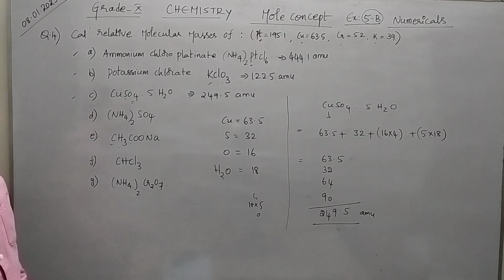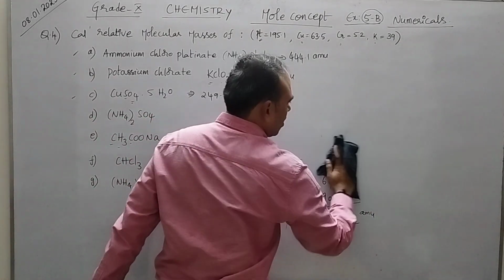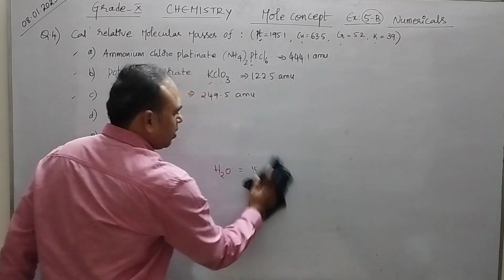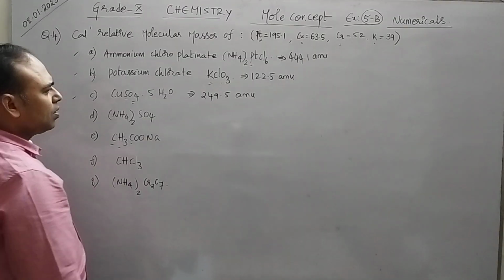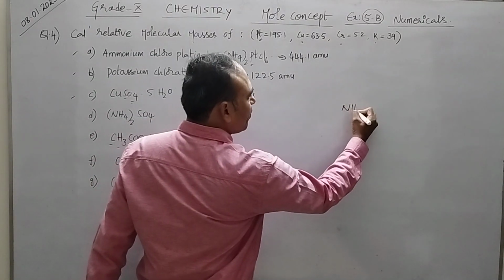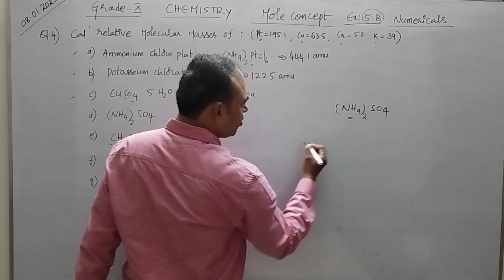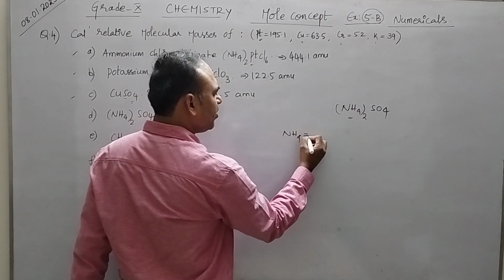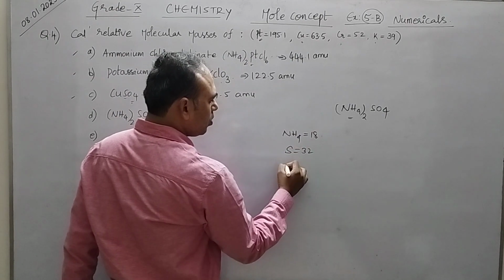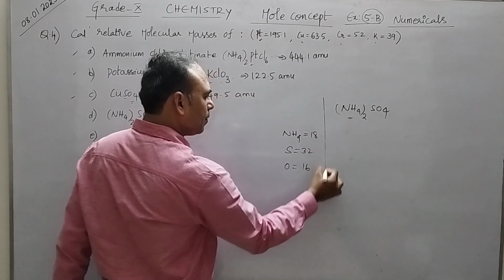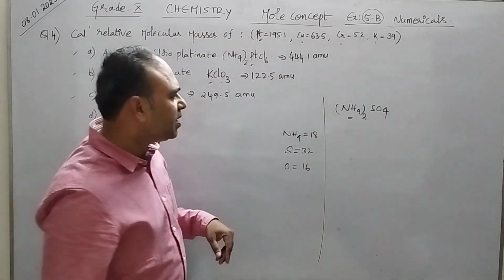Next one is ammonium sulfate. Calculate the molecular mass of ammonium sulfate. You can try to solve this and later verify the answer. For writing ammonium sulfate, here we know that NH4 we directly calculated as 18, sulfur is 32 and oxygen is 16. Now to get the molecular mass, add the individual atomic masses.